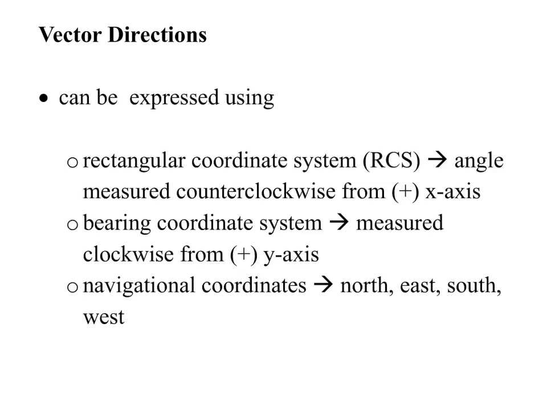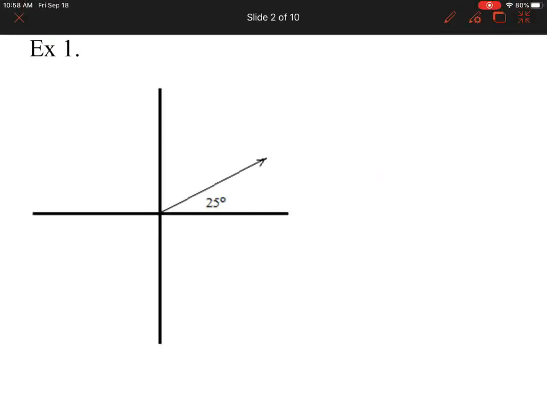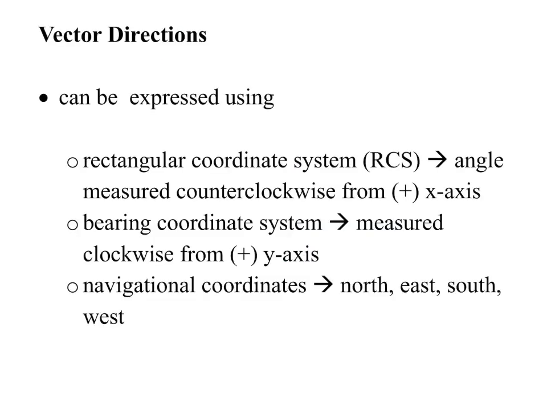So for example, here's an angle, right? That can be written in a bunch of different ways. So we have, of course, our north, south, east, and west. And I want to know what are all the different ways that I can measure this, okay? So again, first was the rectangular coordinate system, which is counterclockwise from the x-axis.